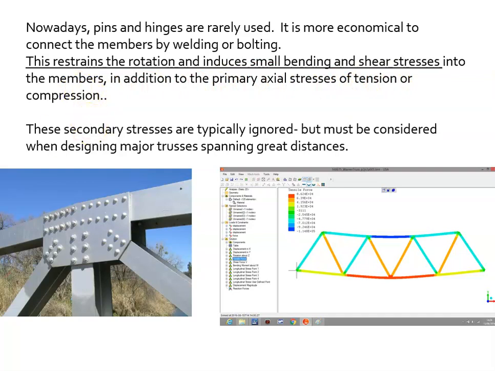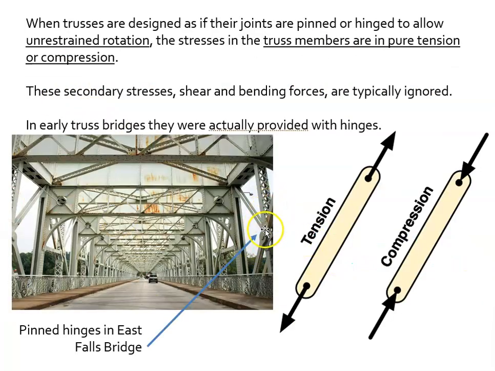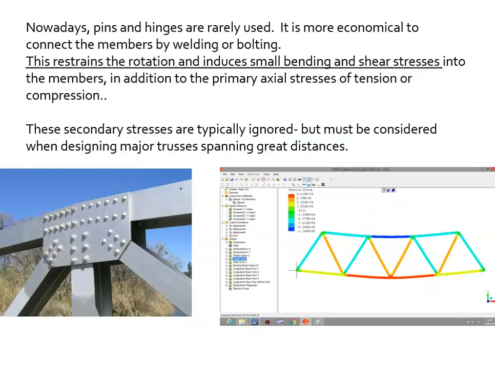However, now that we are no longer using these pins, and now we are really securing them by welding or bolting, they are actually starting to bend a little bit. So some shear stresses and bending stresses are actually being induced because of the new manner in which they are being joined.